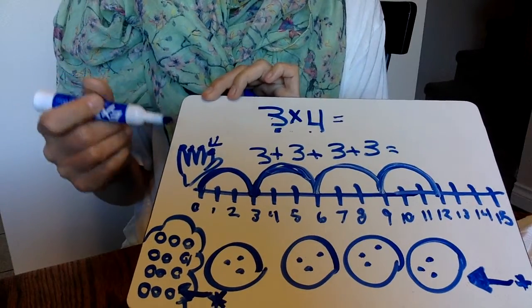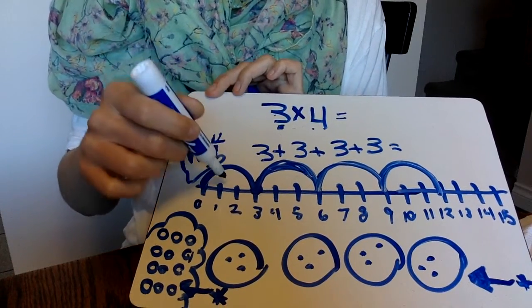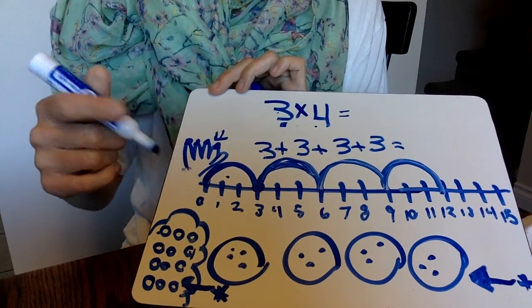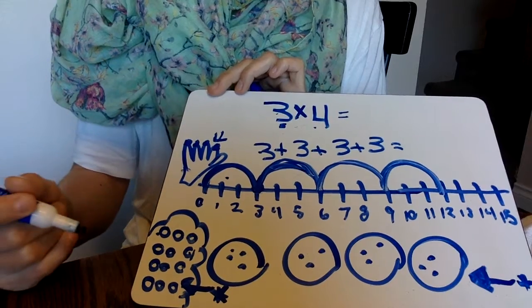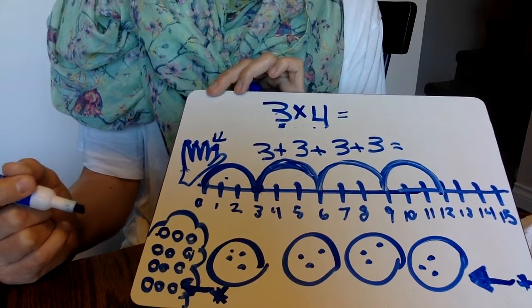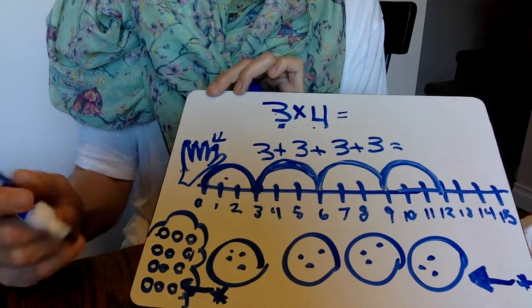So here on this board, we have 1, 2, 3, 4, 5 strategies already listed. I'm sure that there are some other ones that you can think of as well that can help you, and other ones that your families come up with.